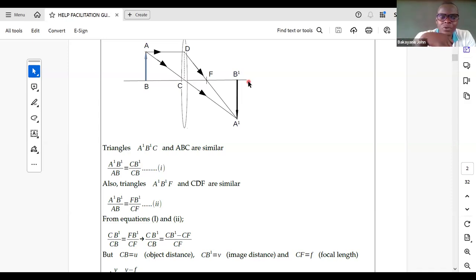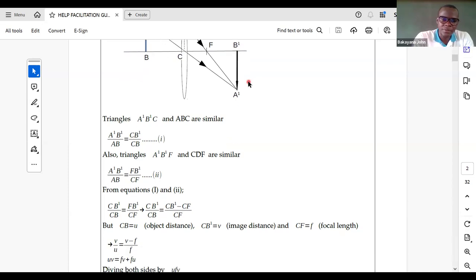Not so? Because we are interested in coming up with a focal length. Okay, we have CB prime minus CF gives us FB prime.